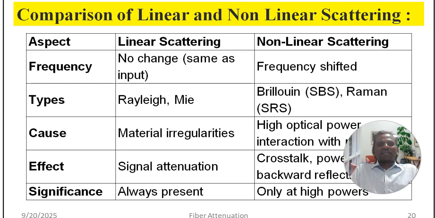Linear scattering results in signal attenuation in most cases, whereas nonlinear scattering takes place because of crosstalk, power transfer, or backward reflection. So in significance, linear scattering will be present in all fibers, whereas nonlinear scattering will be at high power rates.